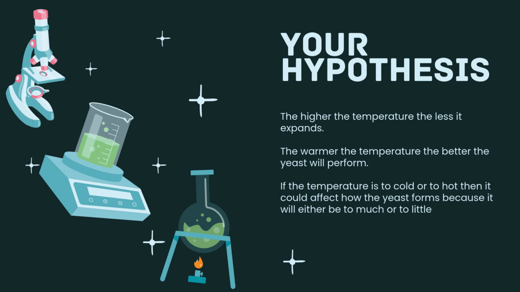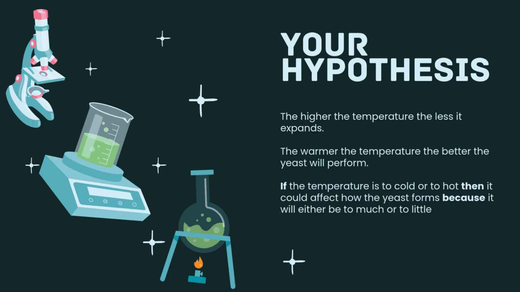And then the last answer I got was: if the temperature is too cold or too hot, then it could affect how the yeast performs because it will either be too much or too little. I like that we have if, then, because in this hypothesis. That's a good basis here. The problem with this hypothesis is that it doesn't actually tell me your guess, right?